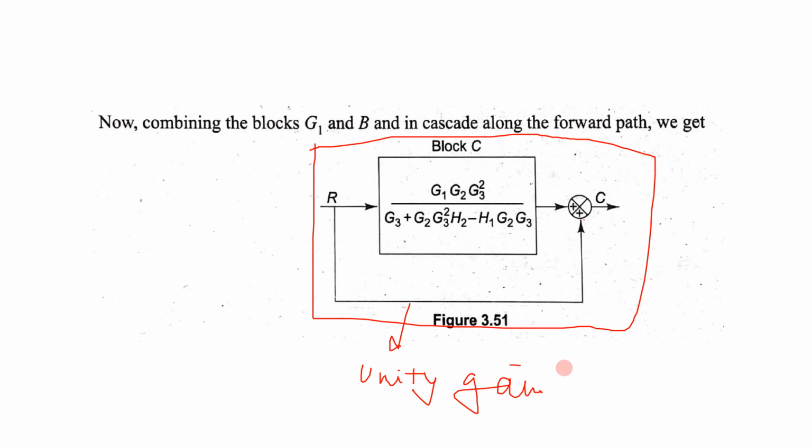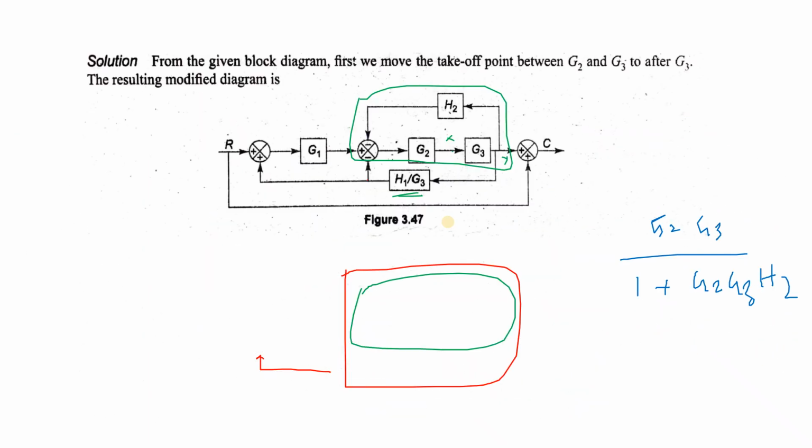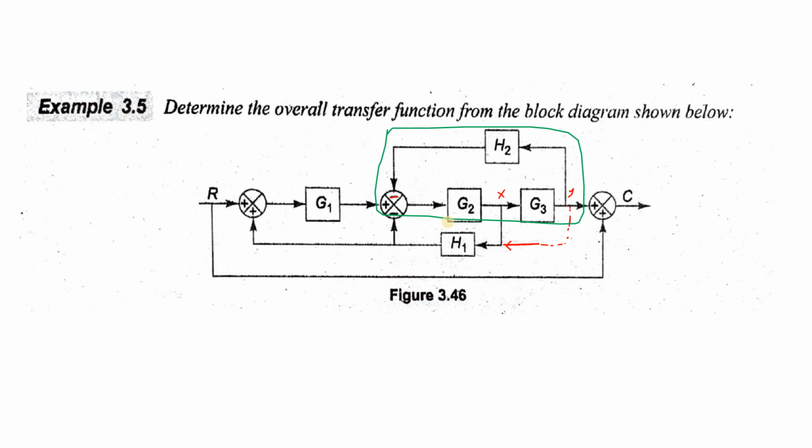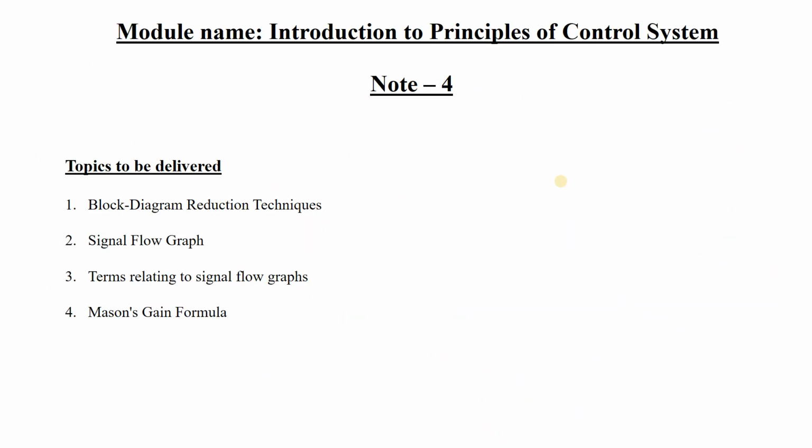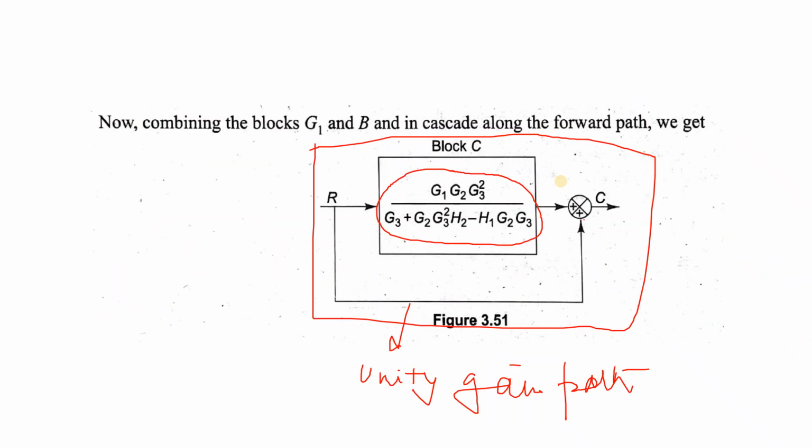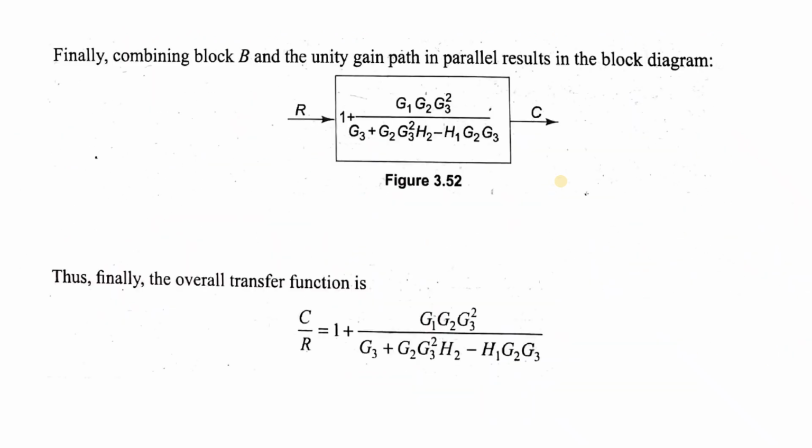This is called a unity gain path because it's just an addition to the output, because this is input signal R. The input signal is going into this particular block. This is the whole plant, you can say. The whole operation is going on, controller as well, because in a control system, suppose this is the control system, over here we have one controller, we have the plant, we have different mechanisms.